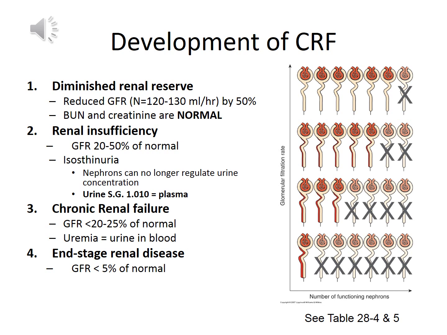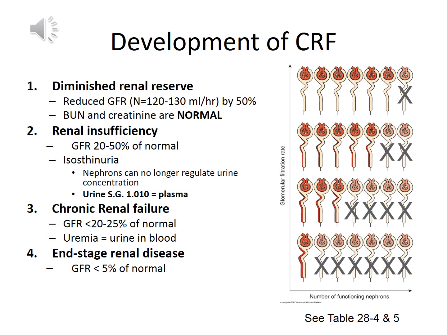And so in this diminished renal reserve phase, stage 1, we see a drop in GFR, yet our BUN and creatinine, so our nitrogenous waste products, are normal. So our blood concentrations are normal. So we really haven't really affected anything at this point.